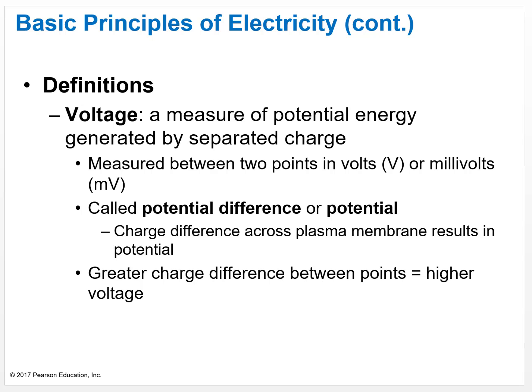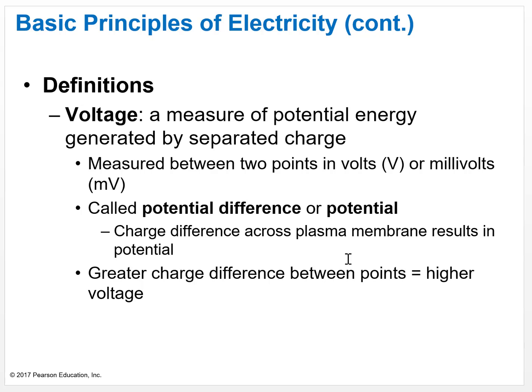We're keeping some ions separate, but we're down into the millivolts here, not the actual volts. And we create what's called the potential difference, or that resting potential, and that's the difference in charges across the membrane. You're actually going to see that our cells, when they're resting, the neurons, have a more negative charge inside than outside, which means they have more positive ions outside than inside. Okay, the greater the difference, the higher the voltage.